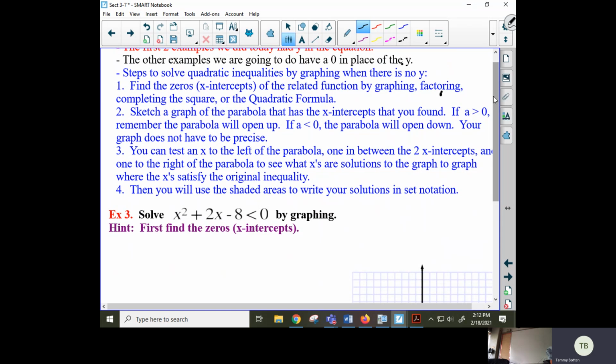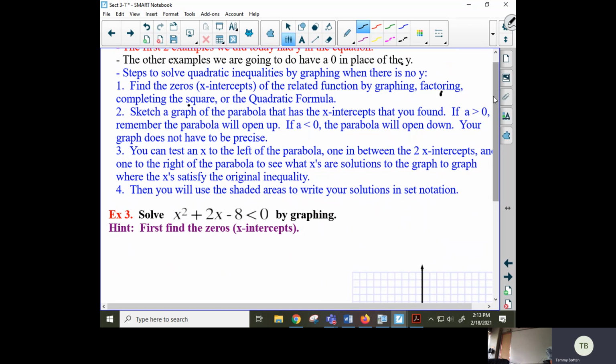You could complete the square. People probably wouldn't choose that, but you could. And you can use the quadratic formula, which once I give you the quadratic formula on your calculators, you'll probably choose that. Why? Okay? That's why you're waiting till the end of the unit to give us that. Because on the test, I want you to do the quadratic formula by hand.